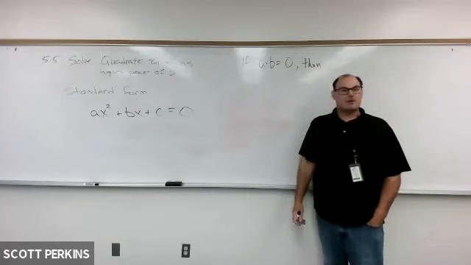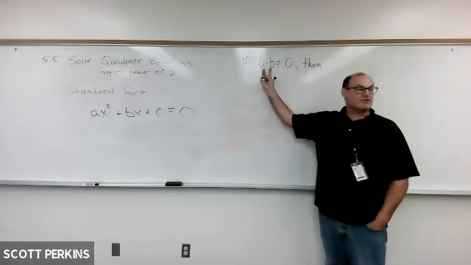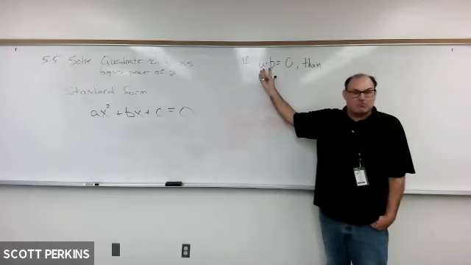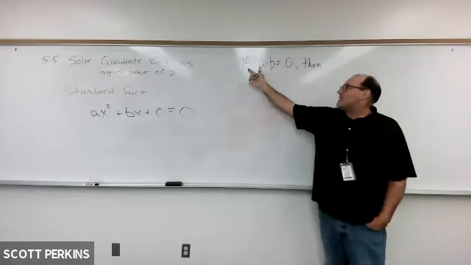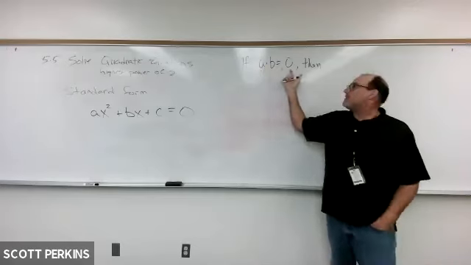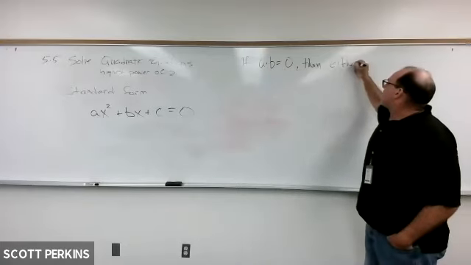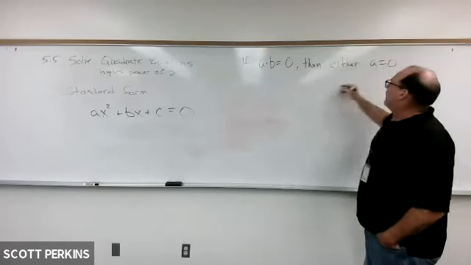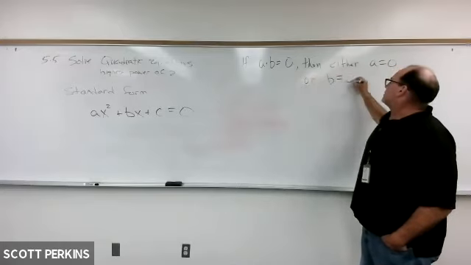Yeah, one has to be 0 because in multiplying 2 things, the only way to get 0 is to multiply by 0. So if A times B is 0, then either A equals 0 or B equals 0.